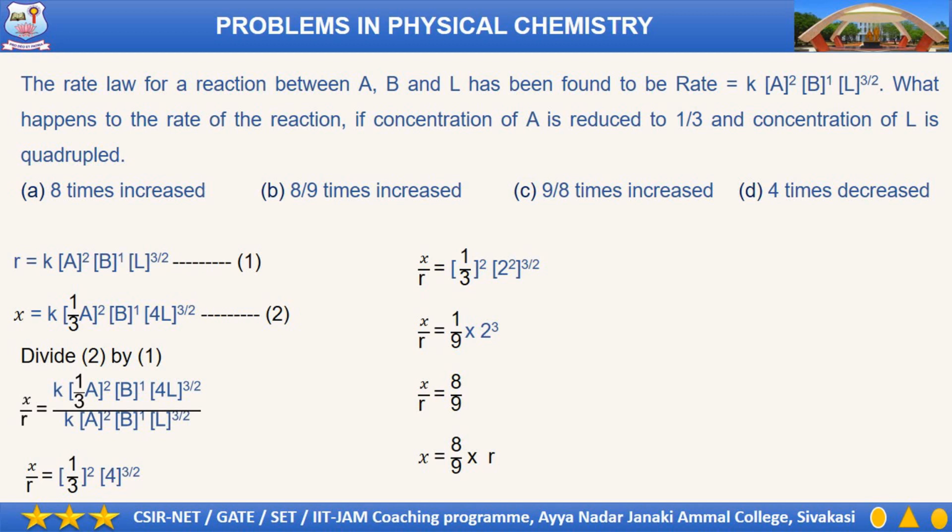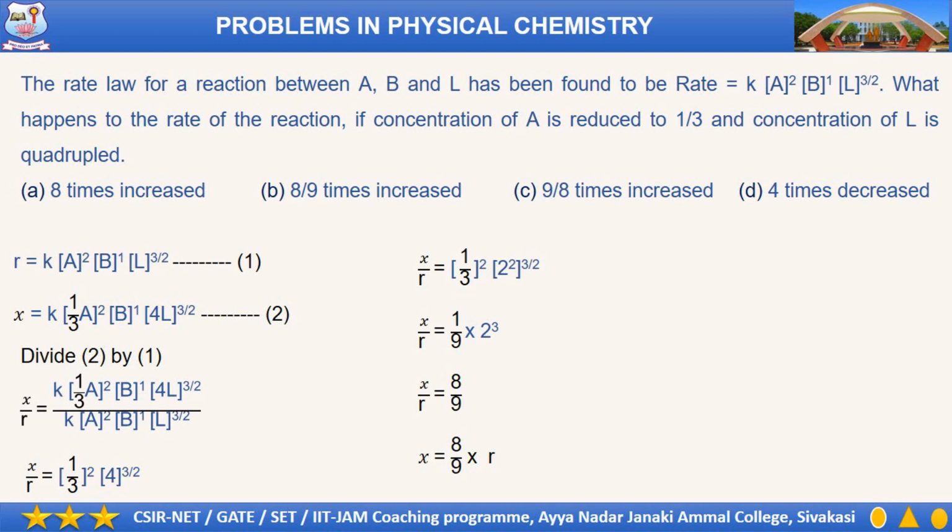B, the rate is 8 by 9 times of the original rate. C, 9 by 8 times increase. Or D, 4 times decreased. 4 times decreased means it is 1/4 of the original value.